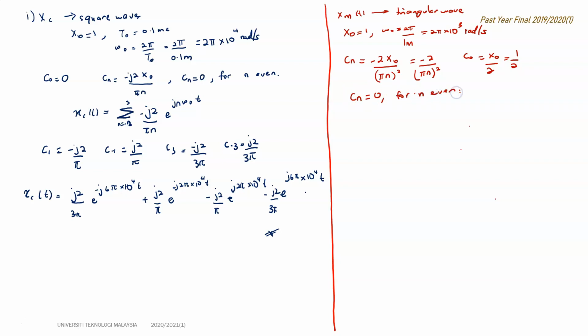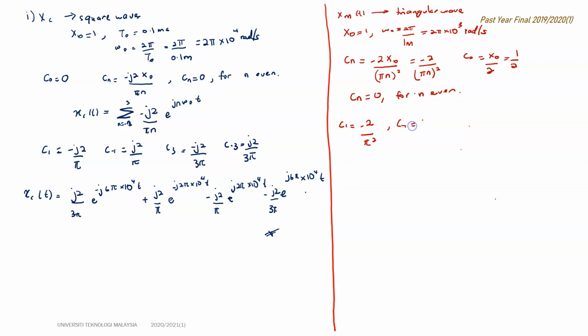So similar to XCT, we just have to find until the third harmonic. It means that we have to find for the first and third harmonic only, because the second harmonic is 0. Then C1 is equal to negative 2. Put n equal to 1 in this equation, so it becomes negative 2 divided by pi squared.